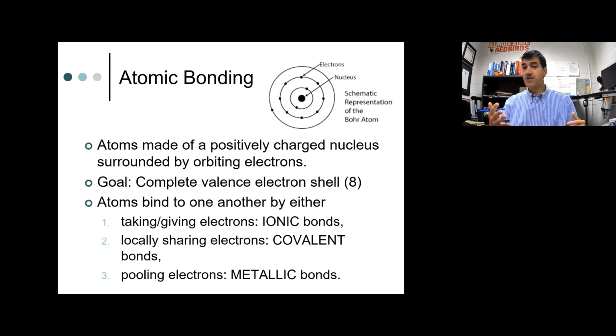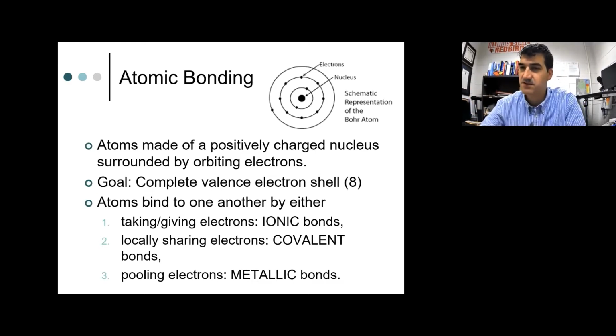And then the other one that you may not be as familiar with is metallic bonds, where you have millions or more of metal nuclei, and they're all pooling this huge pool of electrons. The electrons are free to move around within the metal, which is why metals are so good at conducting electricity, because the electrons in the metal are really free to move around.